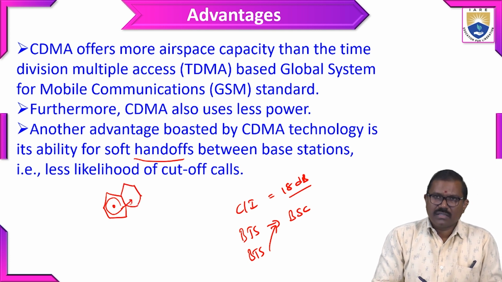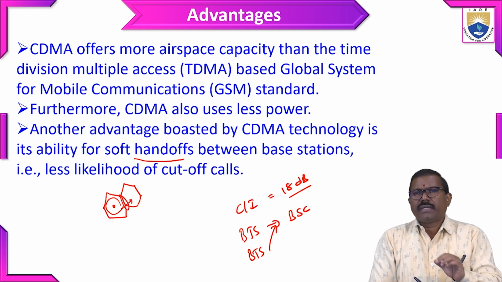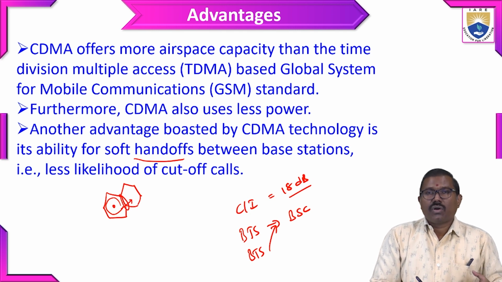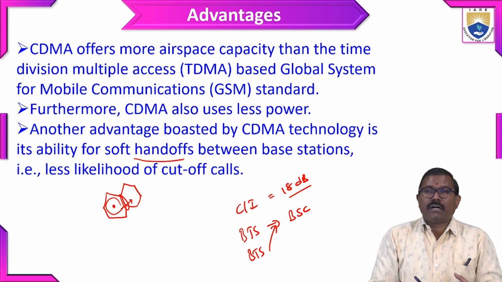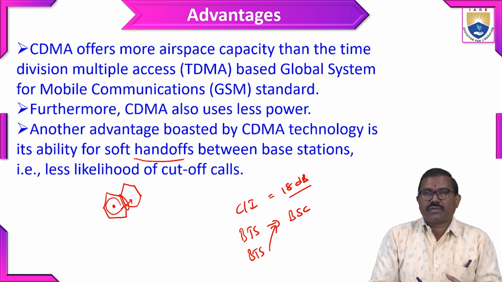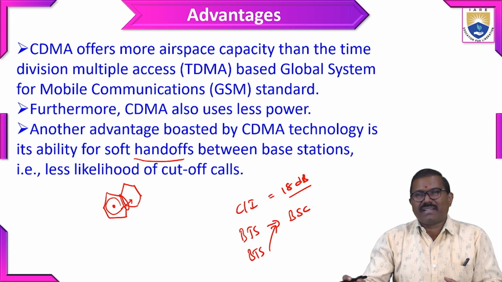So this is the border, and at this border the 18 dB C by I is going to reduce, so the call may be cut off. Any good telecom operator must provide uninterrupted communication, so the call doesn't cut.